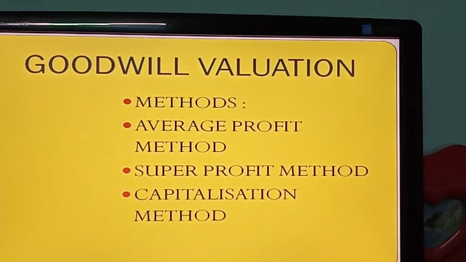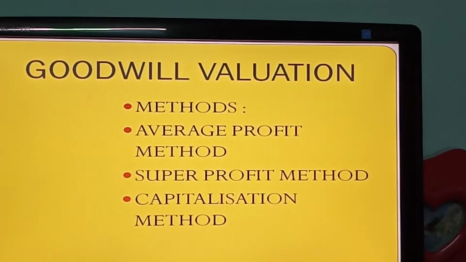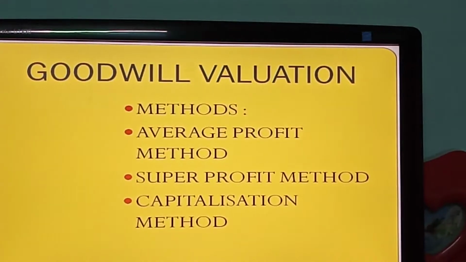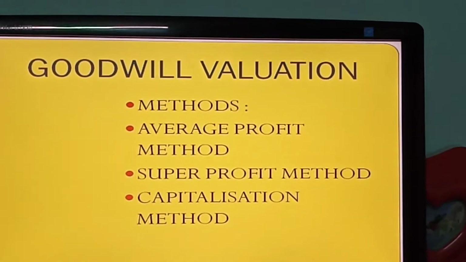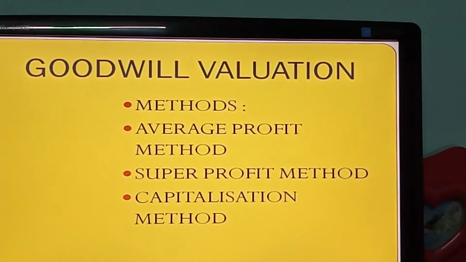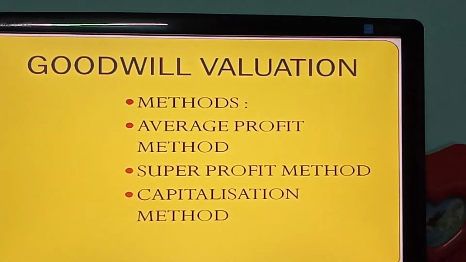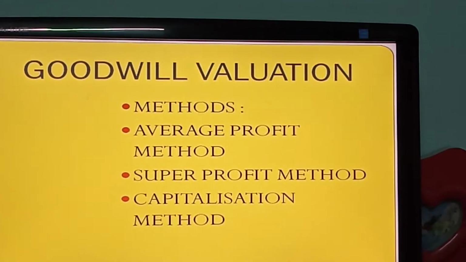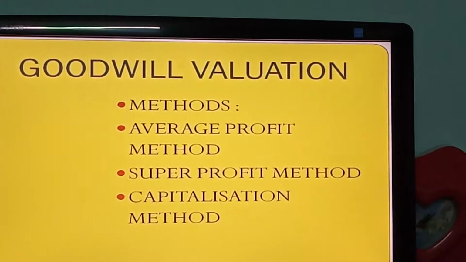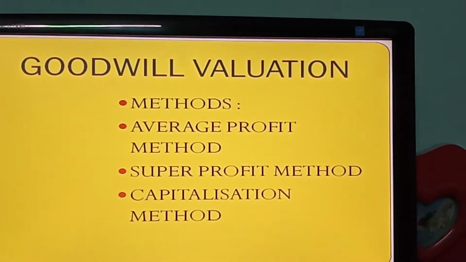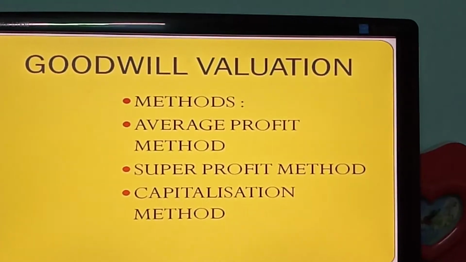However, the following 3 methods are followed for valuing goodwill: average profit method, super profit method, and capitalization method. First, we will be discussing the average profit method, and in the next videos we will be discussing the super profit method and capitalization method also.